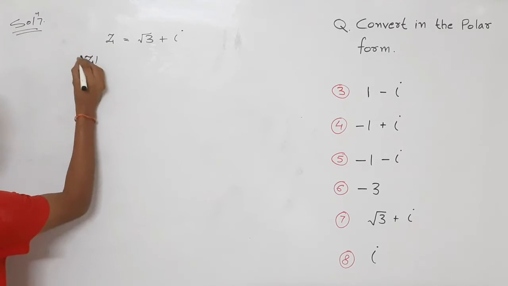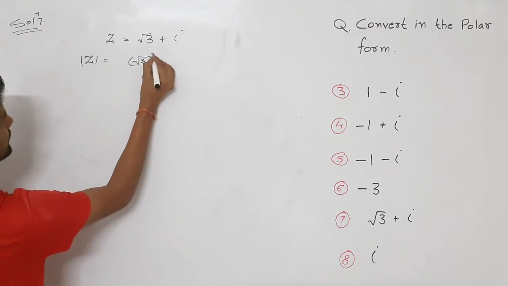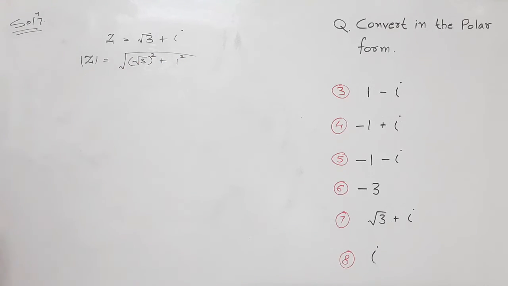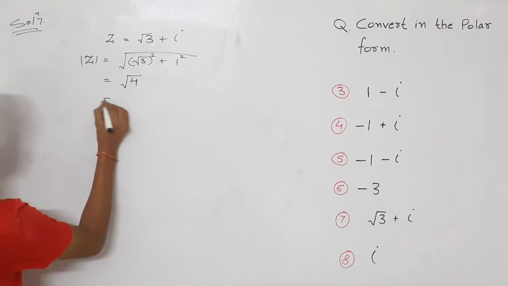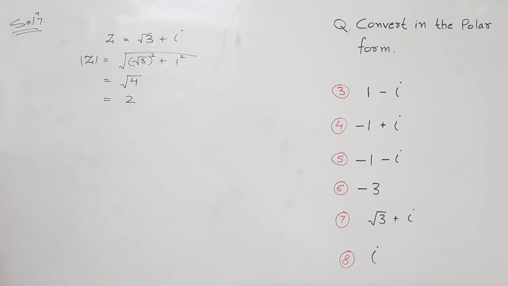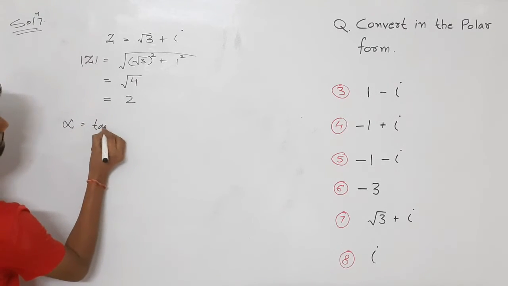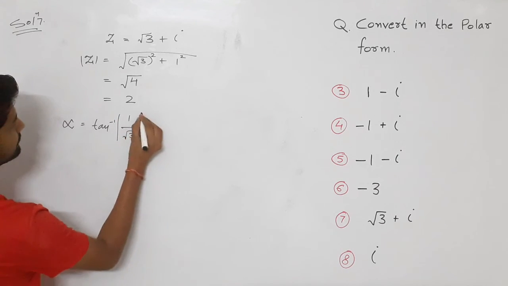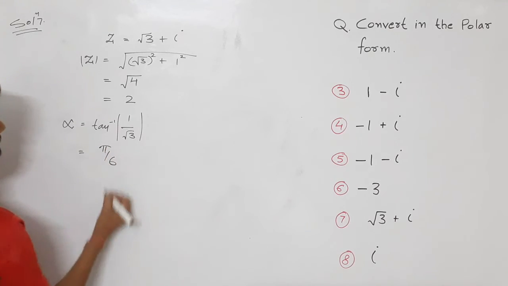Modulus of this complex number is under root of root 3 square plus 1 square. Okay, and this is equal to under root 4 and this is equal to 2. Okay, now the alpha is tan inverse mod of 1 upon under root 3 and which is equal to pi by 6.